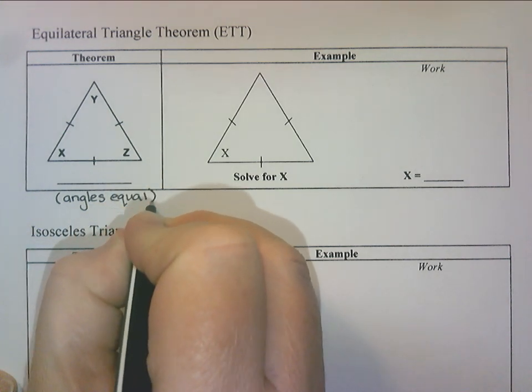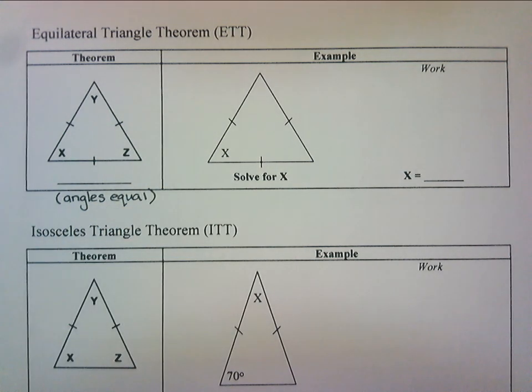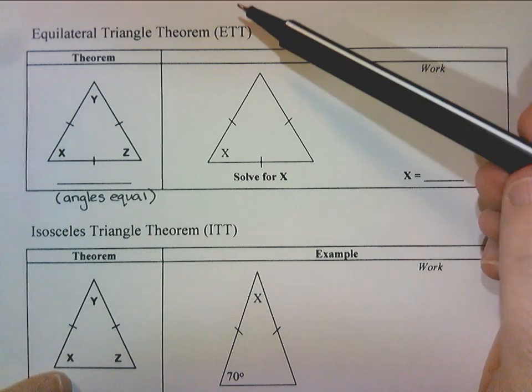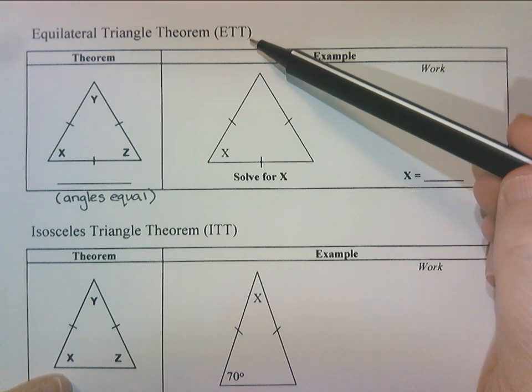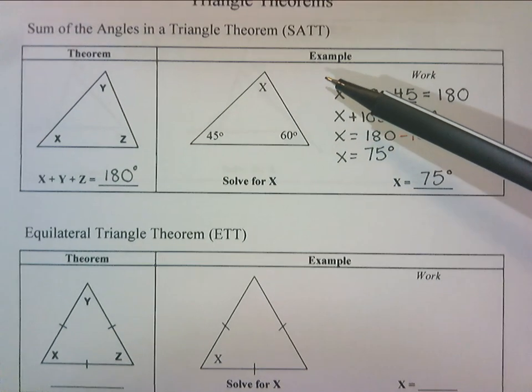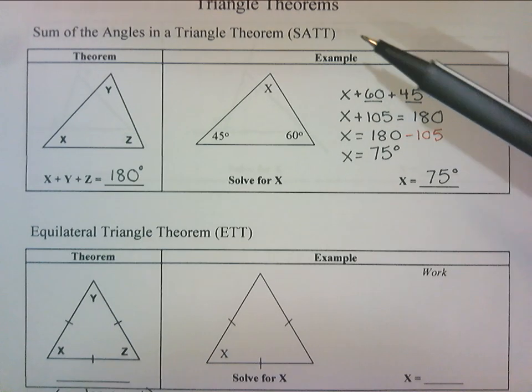And we're going to do a little bit of calculating before we figure out what to put in the blank, because I would like to figure out how much each of those angles actually equals. So I'm going to have to use a combination of our equilateral triangle theorem, otherwise known as ETT, and the one we just did, which was the sum of the angles in a triangle theorem.